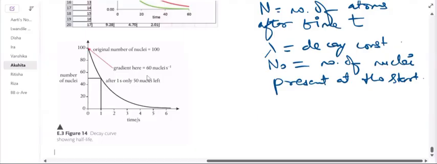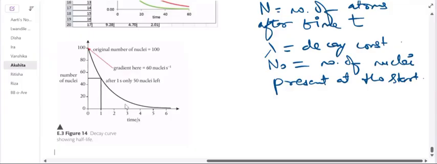So here, the 100 nuclei are decaying in 6 seconds. Now, after 1 second, you can see half of them, that is 50 nuclei, have already left. So that means the half-life is how much? 50. Correct? Yes, ma'am. Second half-life will be at 25. Third half-life will be at 12 or 13.